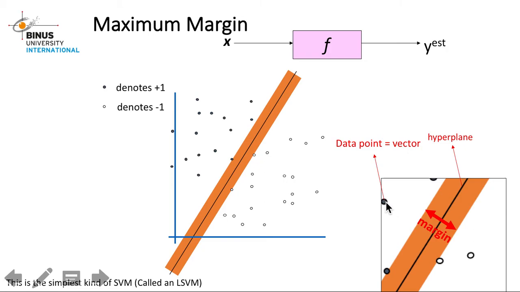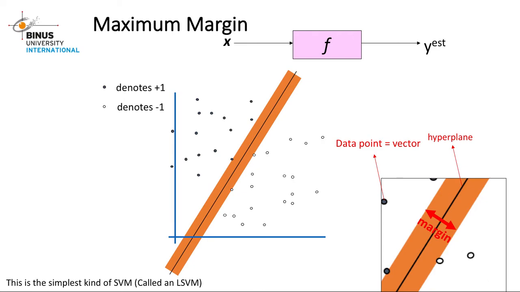The data point is called a vector. The line here, the classifier itself, the line that separates the data between two classes, is called the hyperplane. And then from this point to this point, this one is the margin.